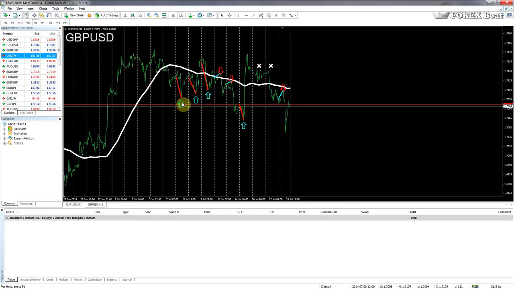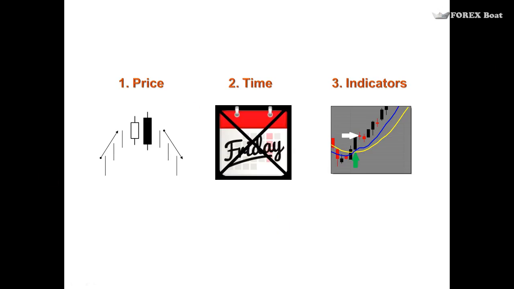So it is legitimate that we're creating buy orders below the moving average, because we want to catch this retracement movement that we've observed. That's how our strategy played out, and it's ticked all three boxes: price, time, and indicators.